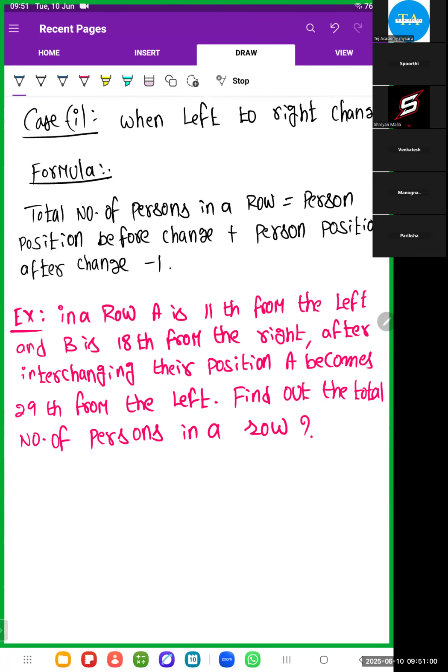So here, how many total persons are there? This is the formula.